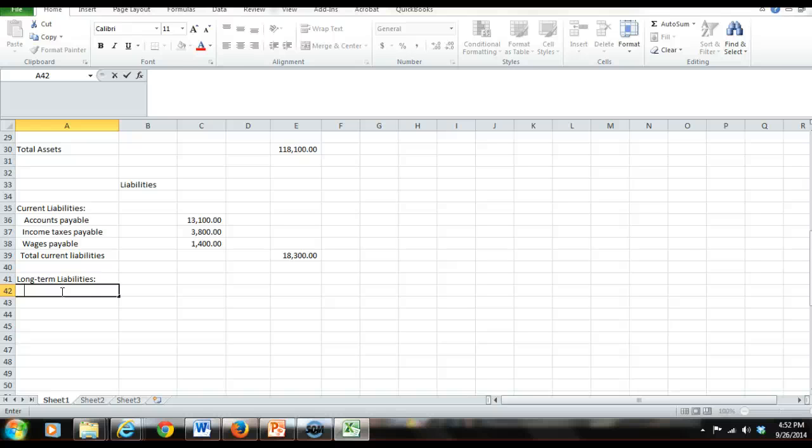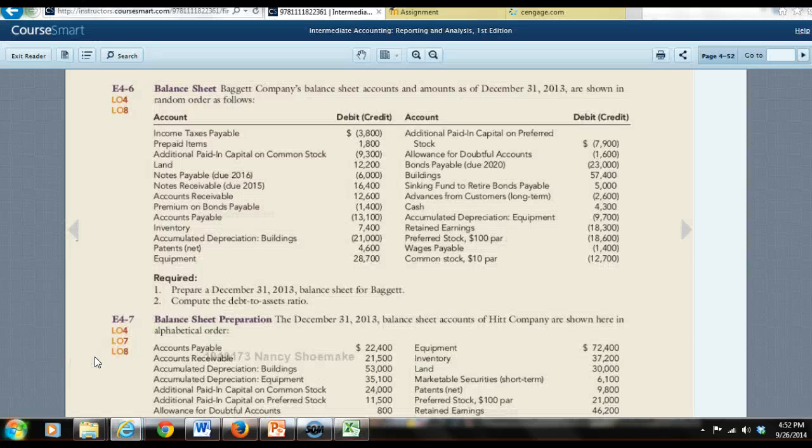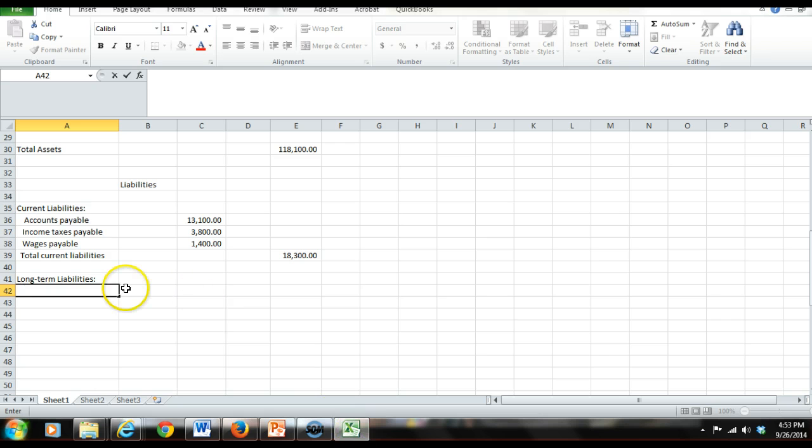The current portion of these long-term liabilities would be put in the current liability section. So if we go back here and look at our long-term liabilities, I see a bonds payable of $23,000. We also have a premium on bonds payable of $1,400, and then our notes payable due in 2016 for $6,000.